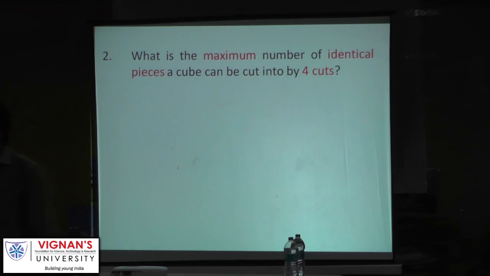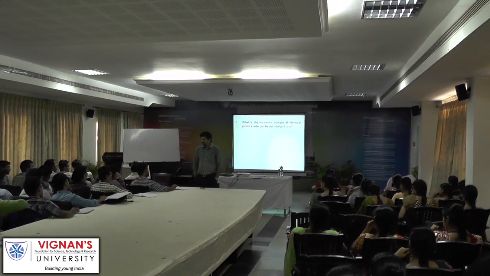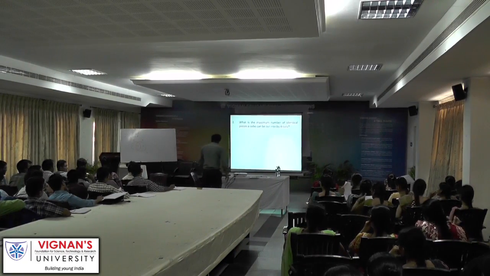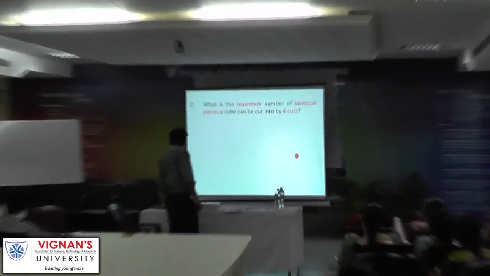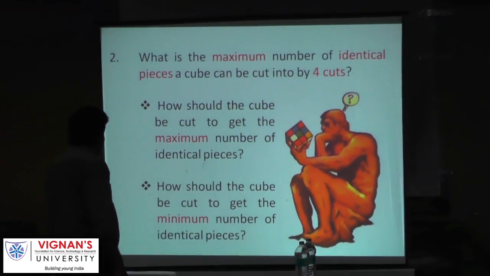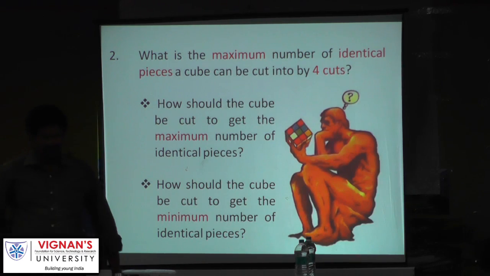We should be able to generalize when we get the maximum number of identical pieces and when we get the minimum number of identical pieces. How should the cube be cut to get the maximum number of identical pieces, and how should the cube be cut to get the minimum number of identical pieces?